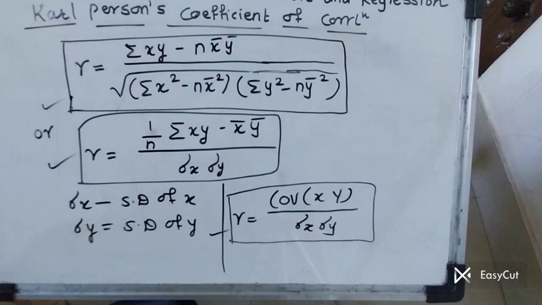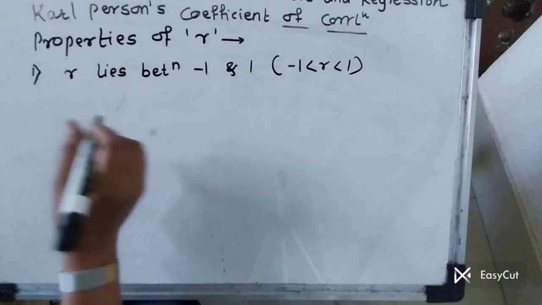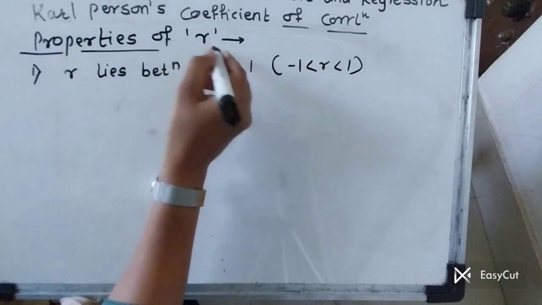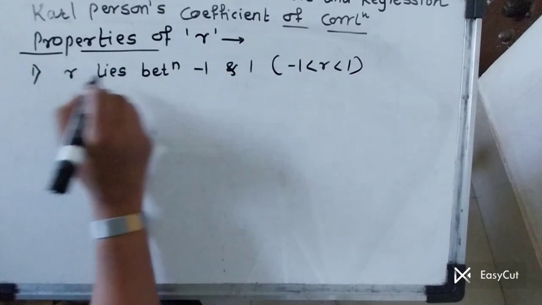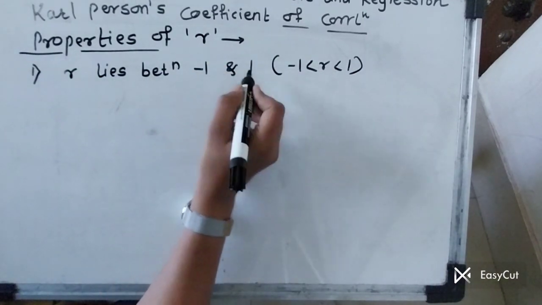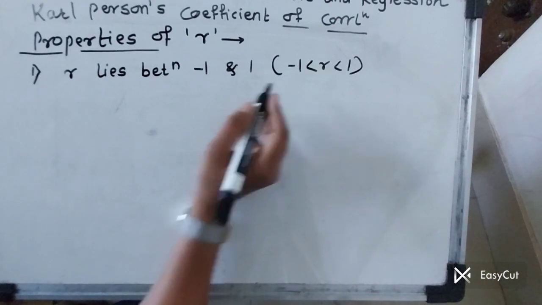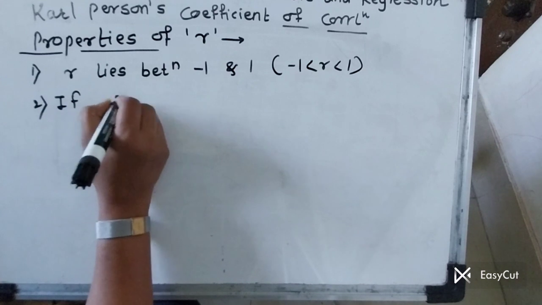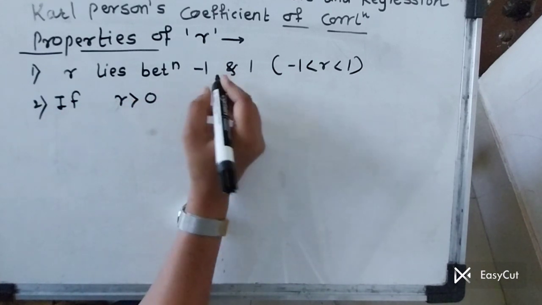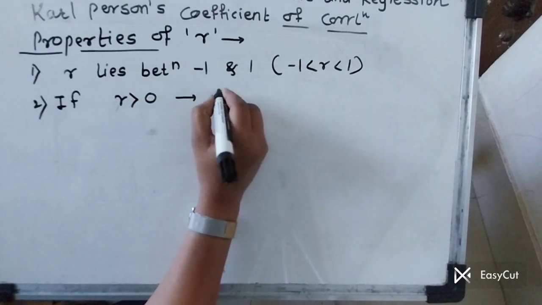There are some properties for r. The first property: r means Karl Pearson coefficient of correlation, and r lies between -1 and 1. If r is greater than 0, the correlation is positive.